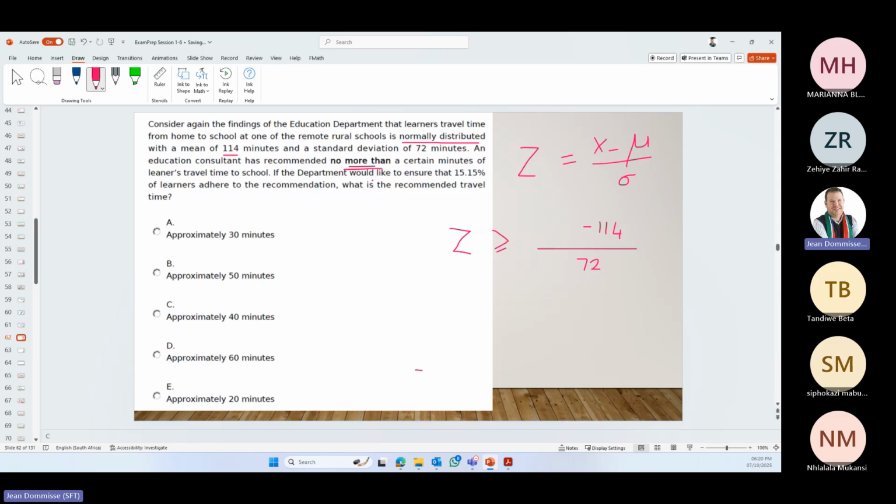If a department would like to ensure that 15.15% of learners adhere to the recommendation, what is the recommended travel time? And so this is slightly different. The consultant has recommended no more than.